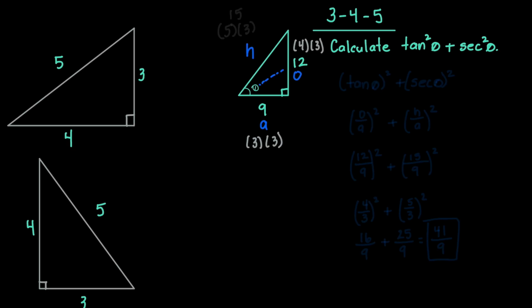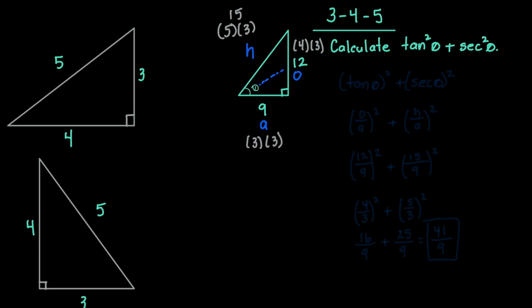So this is a similar triangle to a 3, 4, 5 where all the sides are multiplied by 3, which means my hypotenuse is going to be 5 times 3, which is 15. Okay, so let's go back. We have all our sides. That means we're good to calculate tangent squared theta plus secant squared theta.